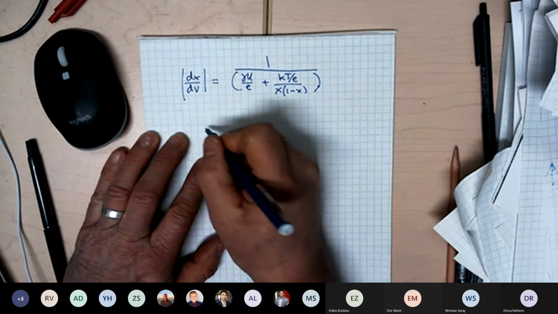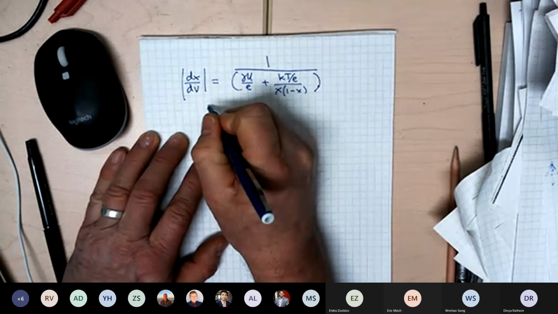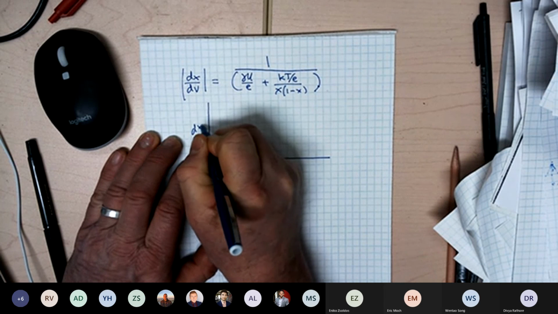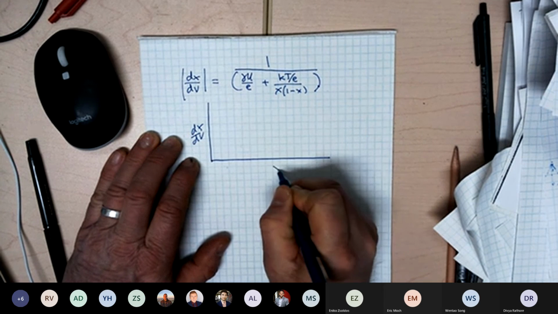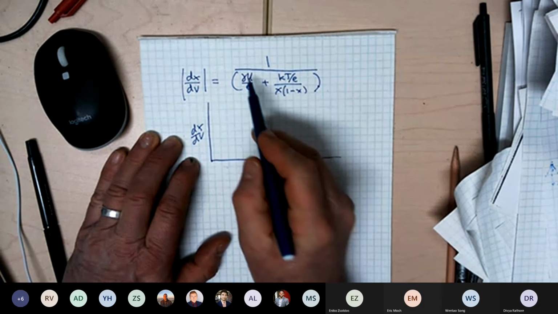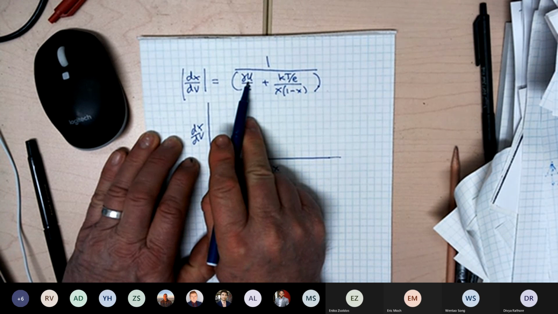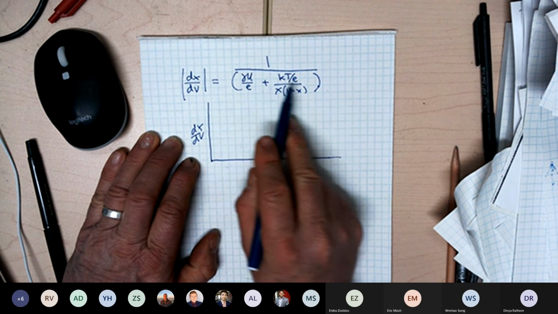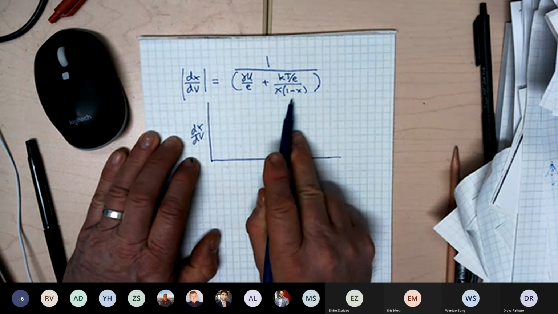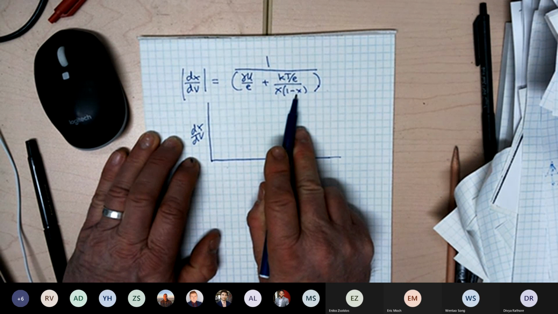And if you look at what dx dv does versus x, if you have an attractive interaction where u is negative, this term on this side is a positive number, has to be, x is between 0 and 1.